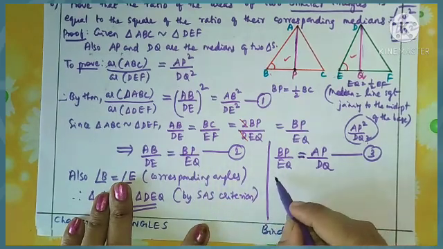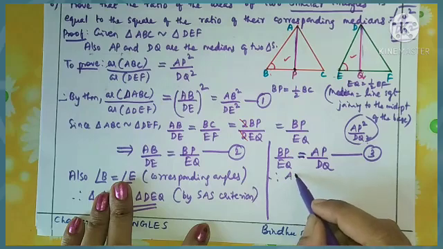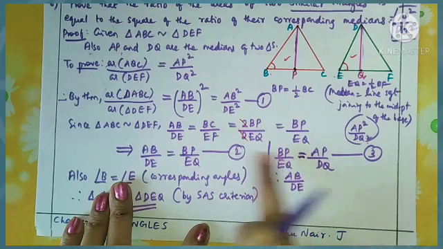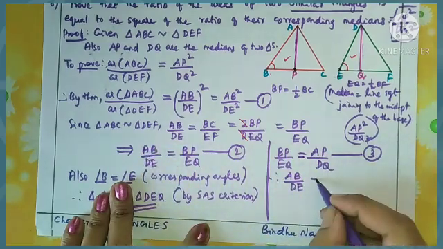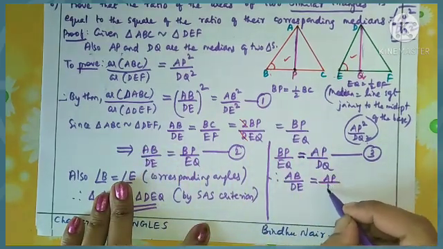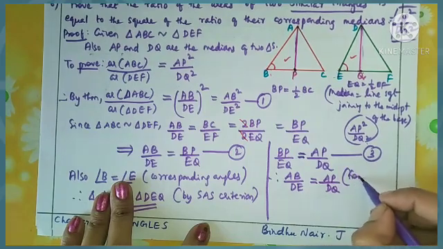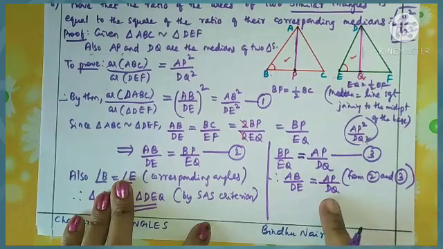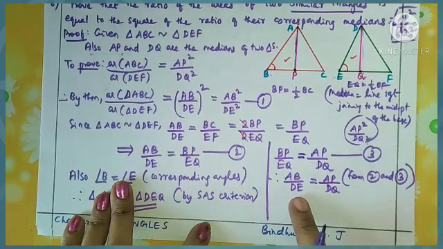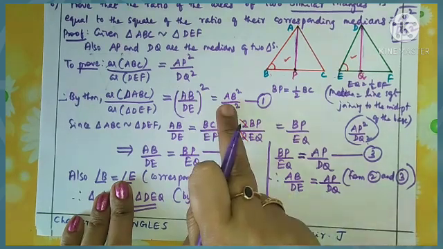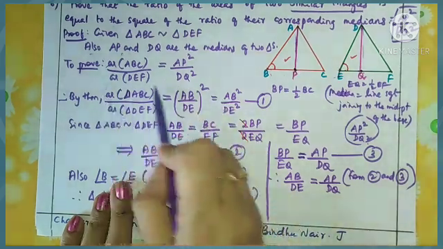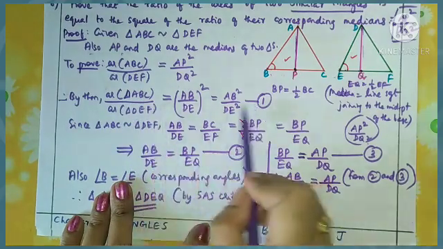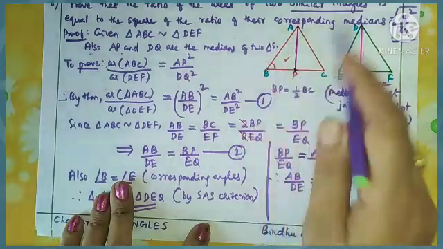So we can write AB by DE equal to AP by DQ when you compare 2 and 3. Now you see, children, AB by DE square is equal to the ratio of the areas of the triangles. So now we are using the first result to get our required answer.